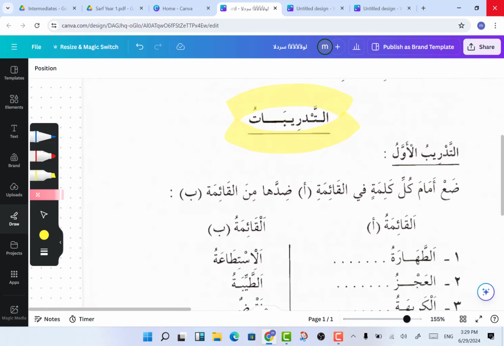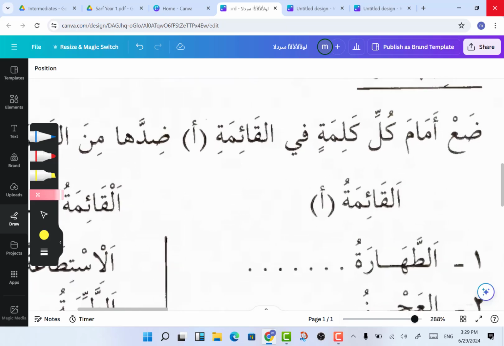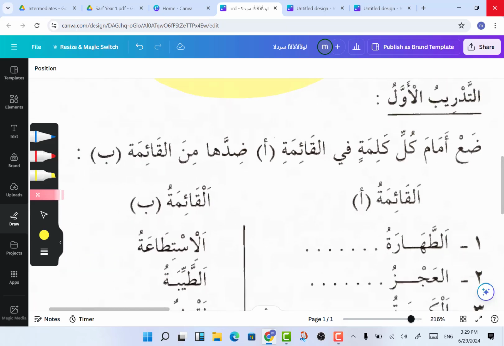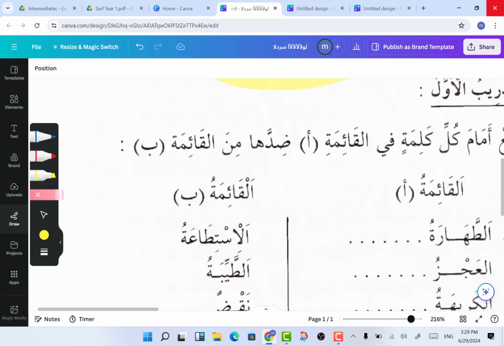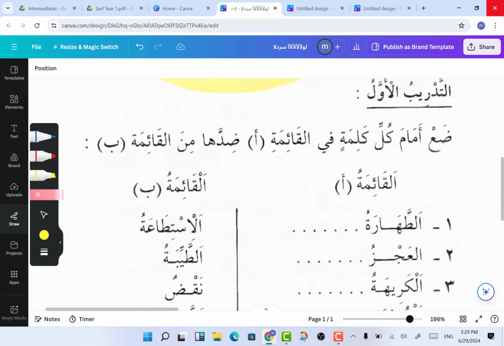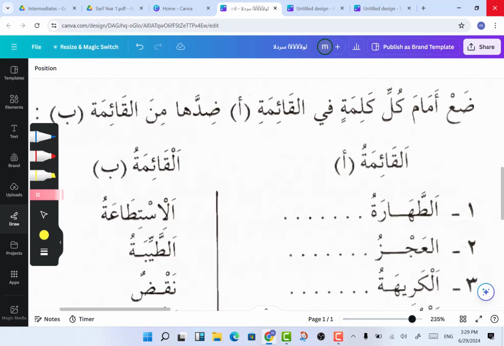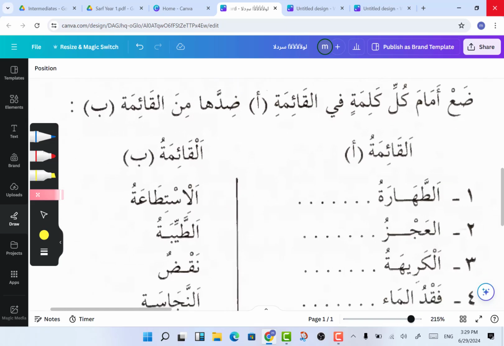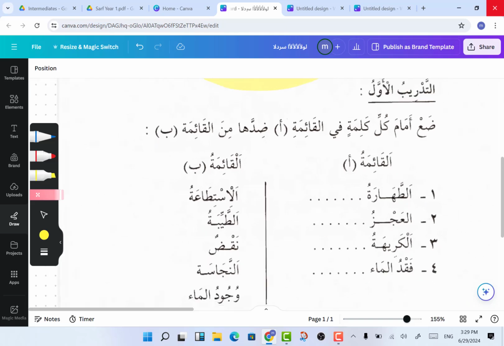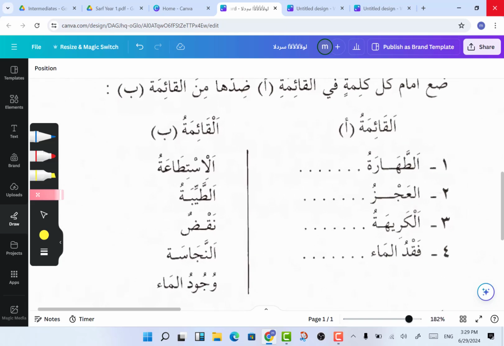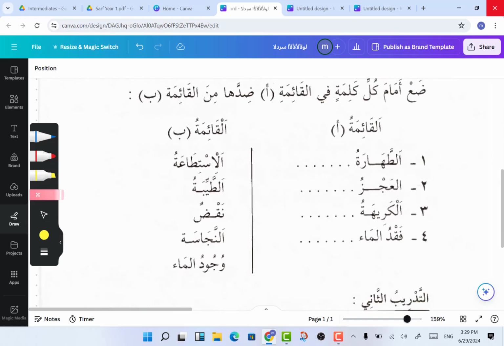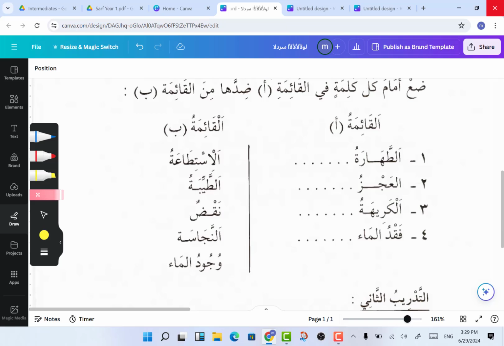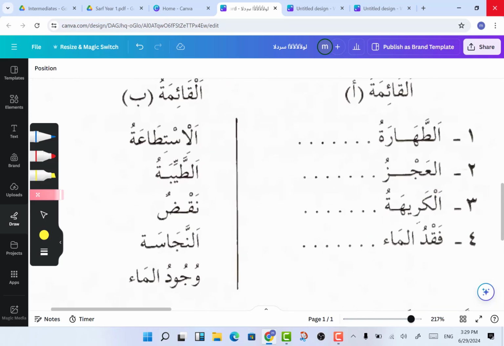At-tadrib al-awwal, the first exercise before us today, the instruction says: place in front of each word in the first list its opposite from the second list. It's just like you are matching with the opposite. So you have been supplied with the opposite of what you have in the first one. What is left is that we pick the right opposite of the word.